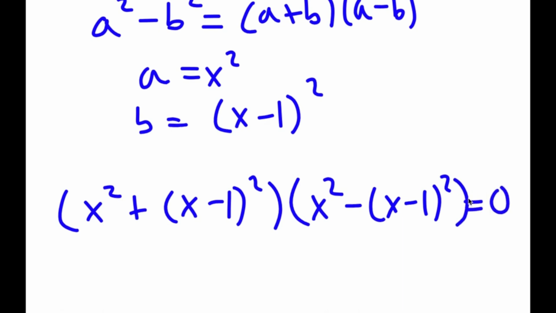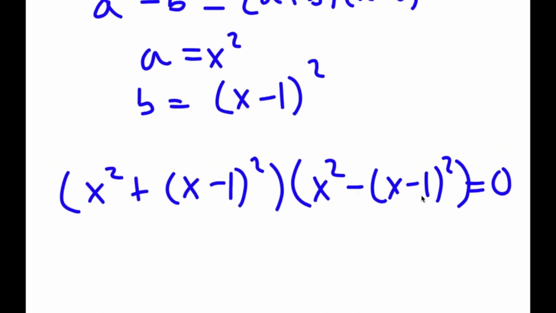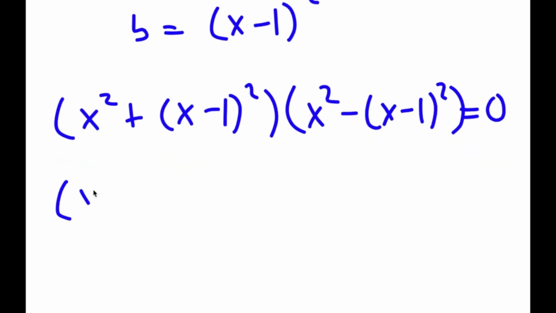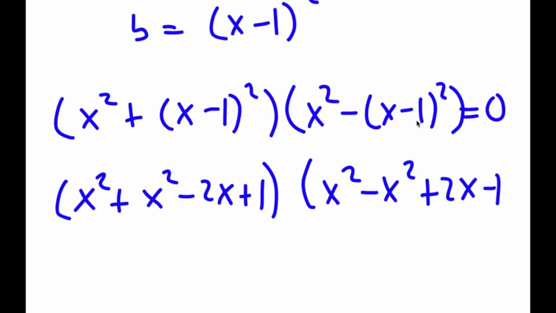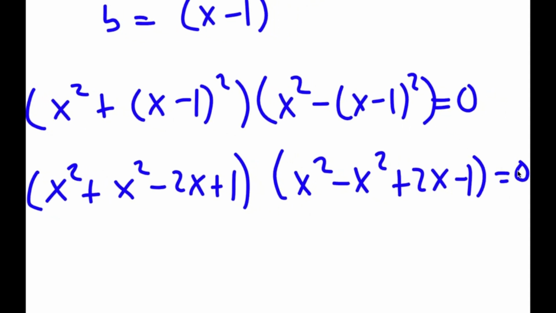This is equal to 0. Now, x minus 1 squared, let's go ahead and expand that. That's going to equal x squared minus 2x plus 1. So I have x squared plus x squared minus 2x plus 1 times x squared minus x squared plus 2x minus 1. Because remember, you got to distribute the negative sign. And this is equal to 0.